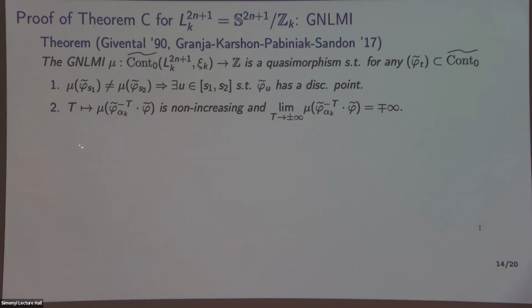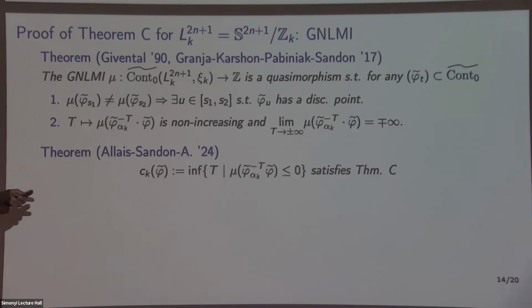And also, if you take any phi tilde and compose it with the Reeb flow, with minus t here just for technical reasons, then as a function of t it is a non-decreasing map, and it goes to minus infinity when t goes to infinity and plus infinity when t goes to minus infinity.